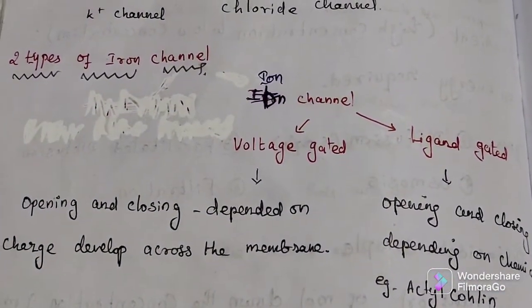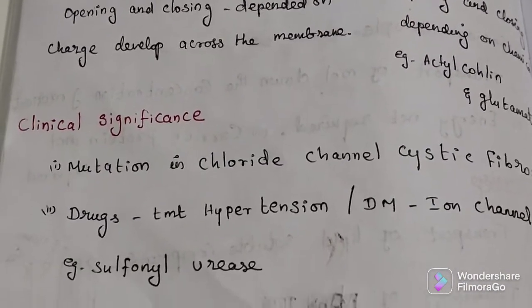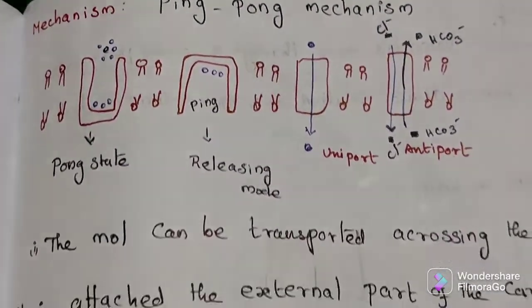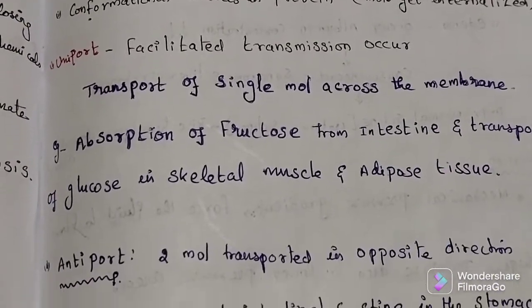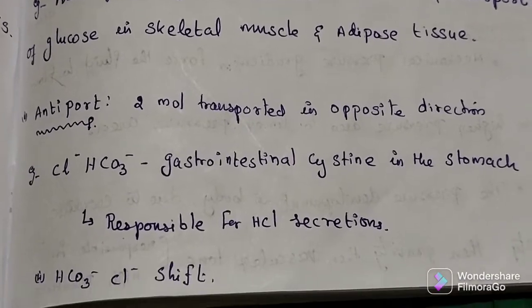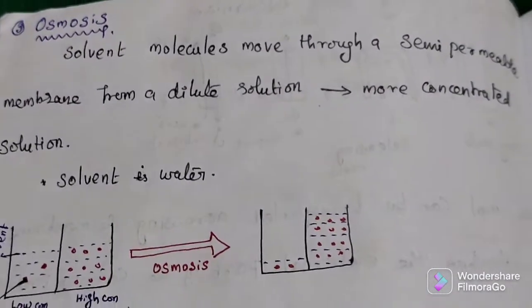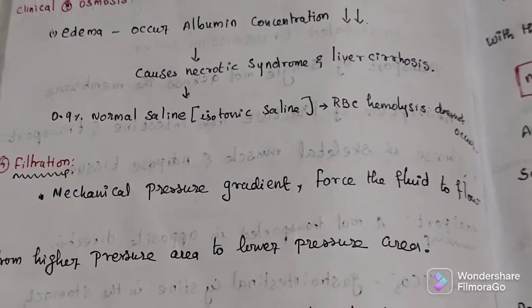Two types of ion channel: voltage gated, ligand gated. Then clinical significance of simple diffusion, then facilitated diffusion. It follows the ping pong mechanism, uniport, antiport, along with examples. Then osmosis, filtration.